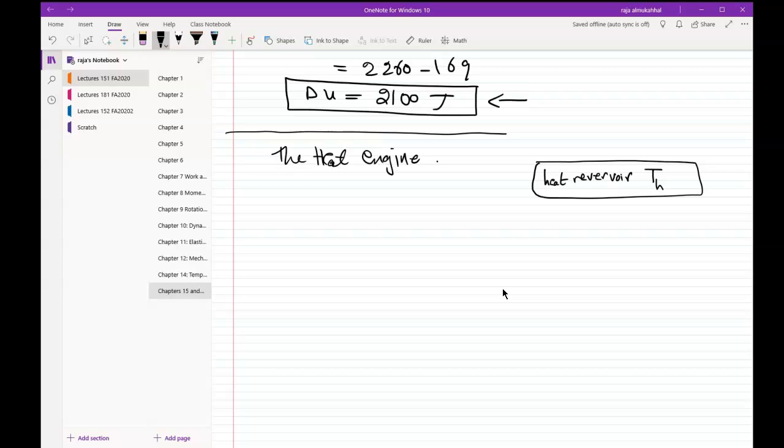The burning fuel goes to the engine. Here the heat enters the engine at a very high temperature. Here is the engine, which moves the cylinder.